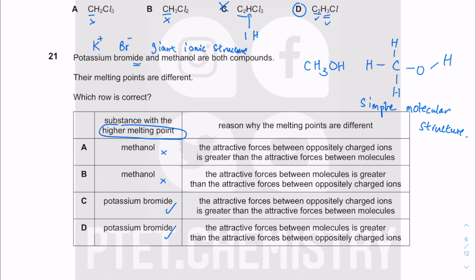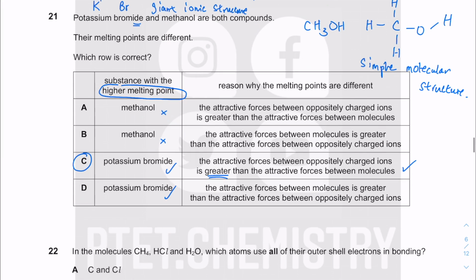You do not touch the covalent bond. The ionic bond is a stronger bond and requires a lot more energy to break than the weak intermolecular forces between the methanol molecules. So here it is the other way around, and that is not true at all.